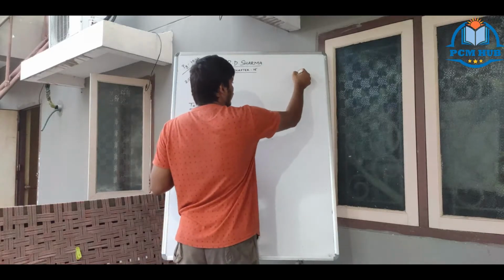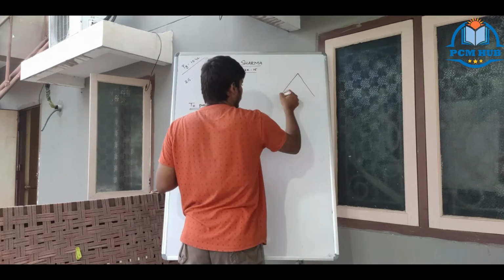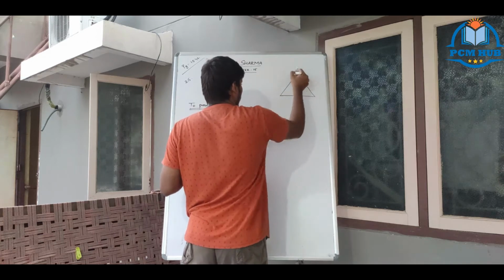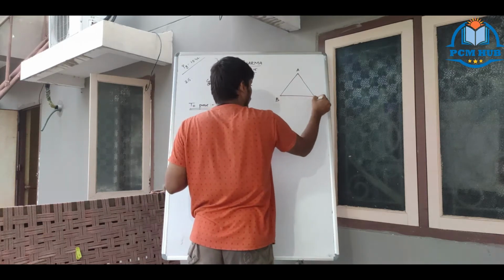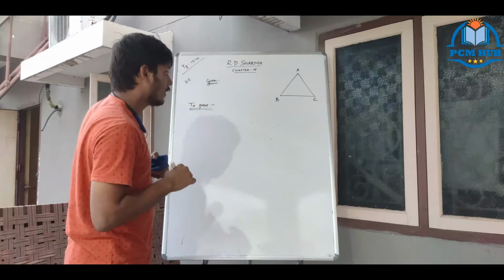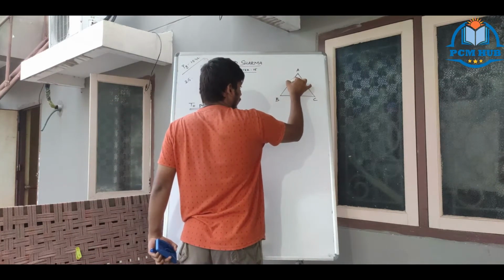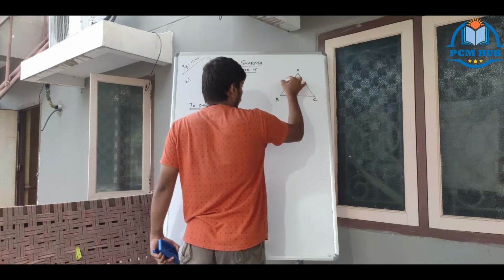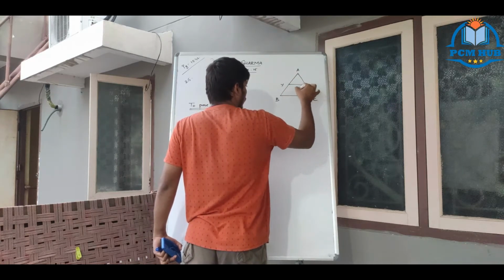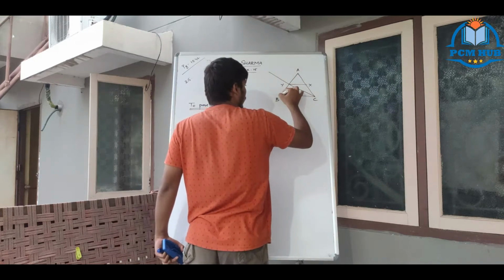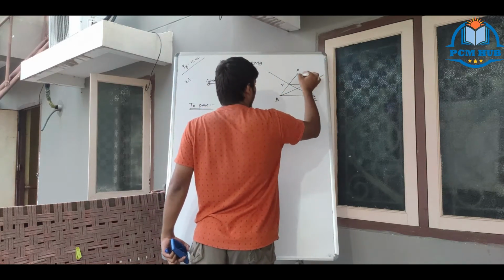Okay. This is triangle ABC. There are two midpoints, X and Y. From X, Y something is extended till this side.